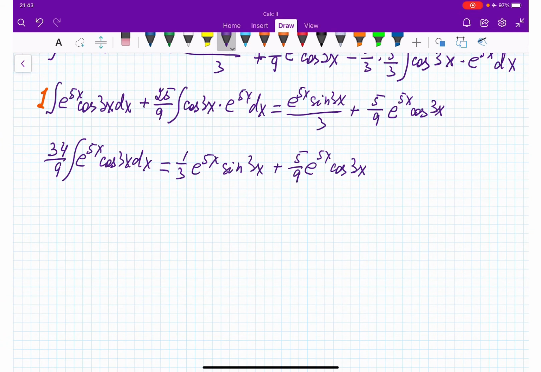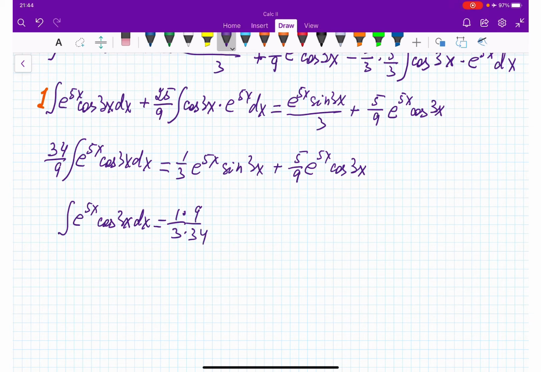And from here we are going to get the integral of e to the power 5x cosine 3x dx is equal to 3 over 34 e to the power, need to go slow so not to cause any questions, 1/3 divided by 34 over 9, which means we are flipping, 9 over 34, right?